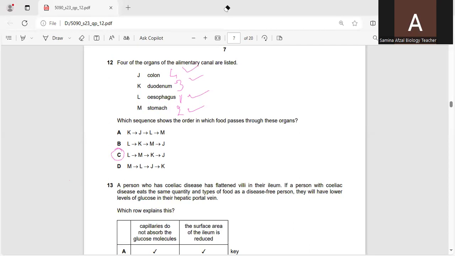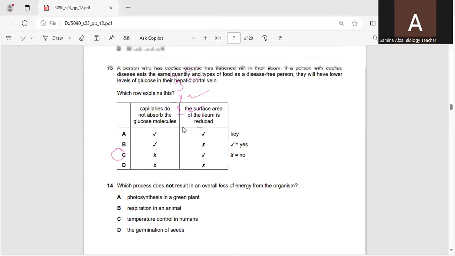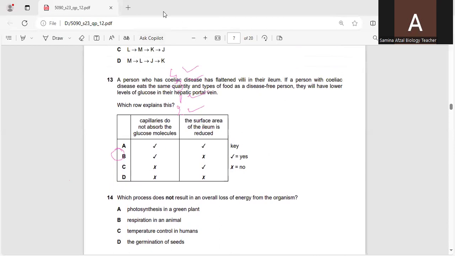Now I would like to move towards the next question, number 13. And what is question number 13? A person who has coeliac disease has flattened villi in their ileum. Villi increase the surface area, you know.